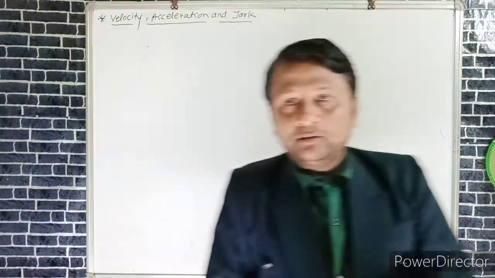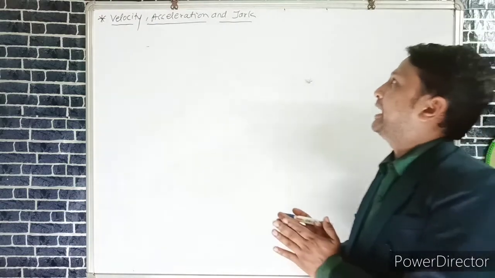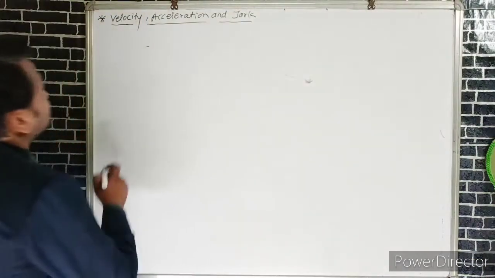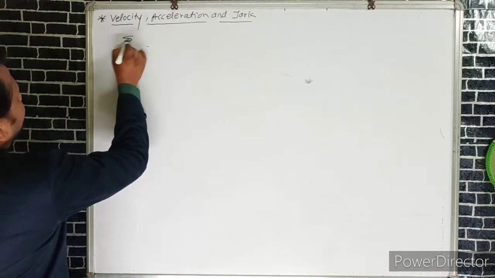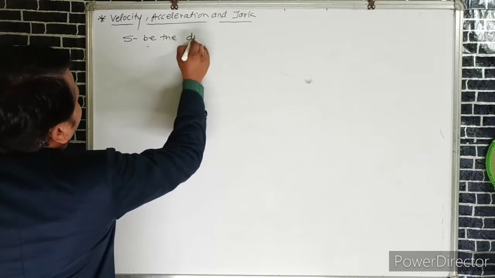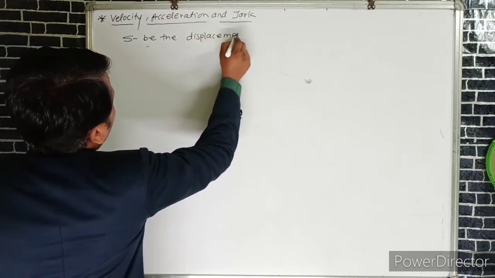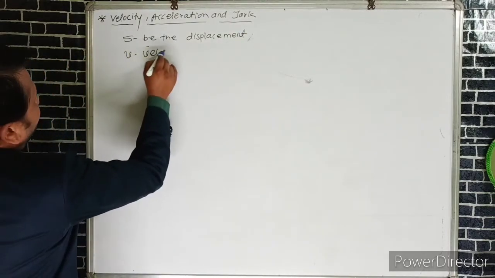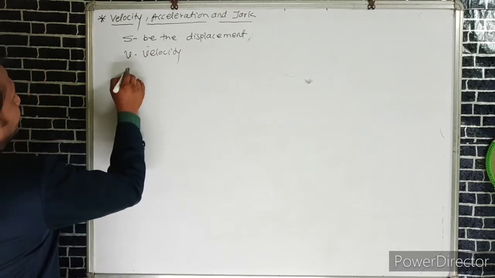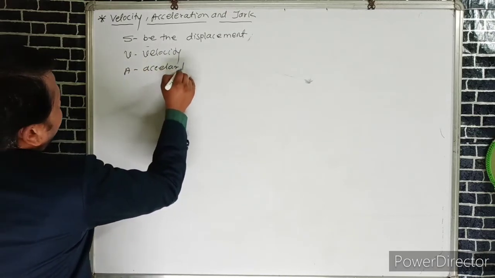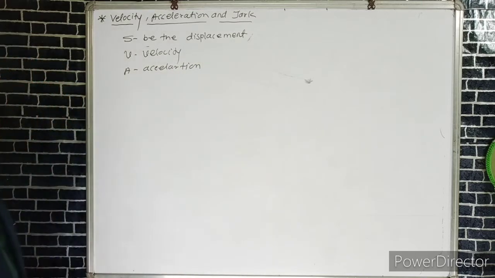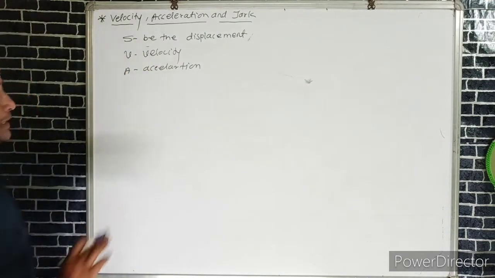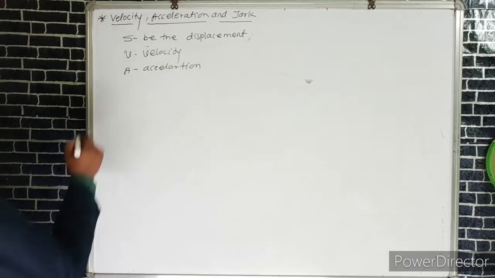If we discuss velocity, acceleration and jerk in mathematical language, let S be the displacement, V be the velocity, A be the acceleration, and jerk means the rate of change of acceleration. First, velocity.